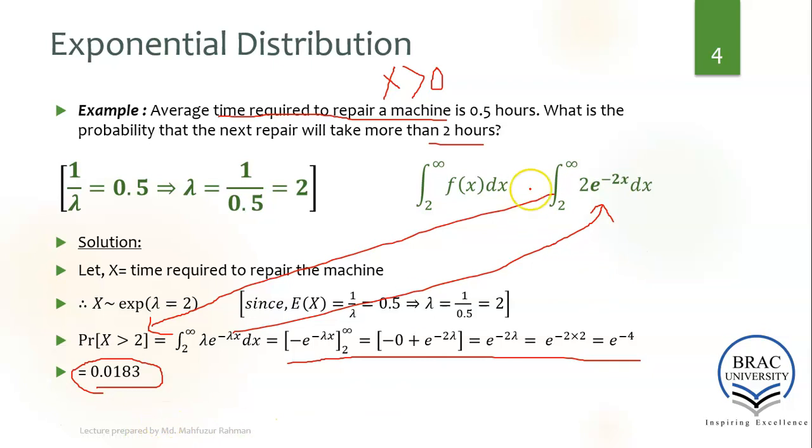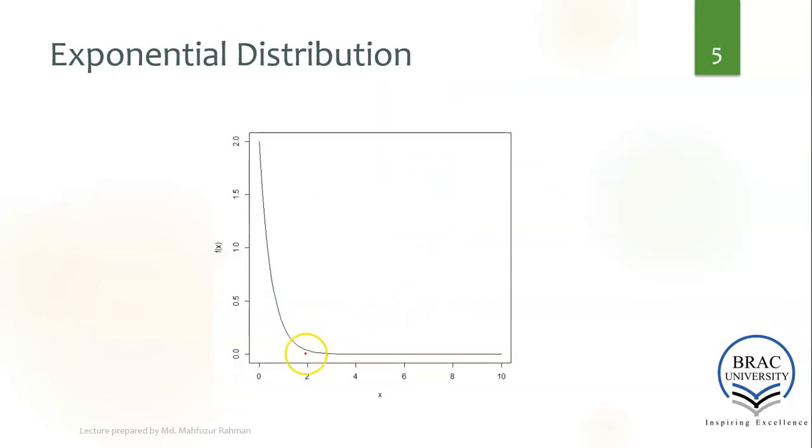So the probability that the next repair will take more than 2 hours is 0.0183, or in a different way, there is a 1.83% chance that the next repair will take more than 2 hours. If you see this graphically, you need to find this probability, which is this area, a very small probability, 0.0183 or a 1.83% chance.